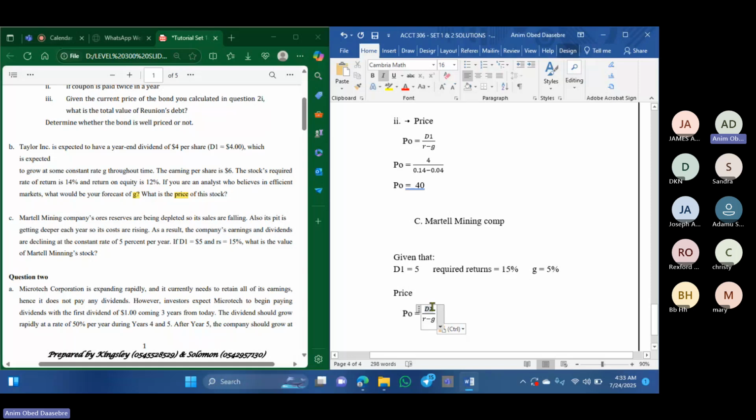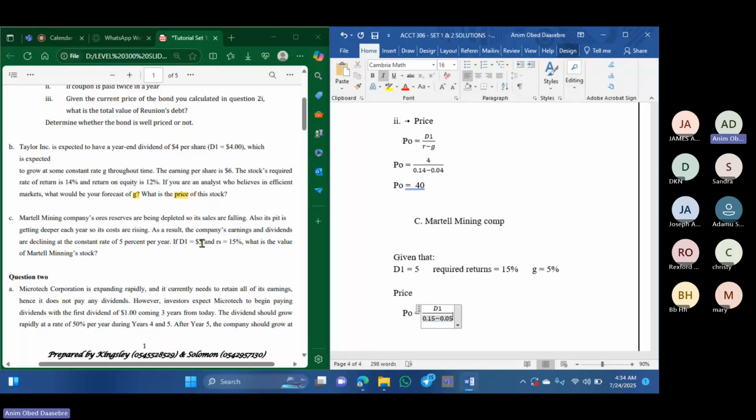D1 is 5, R is 15%, 0.15, g is 5%, 0.05. But here, you have to take note of something.